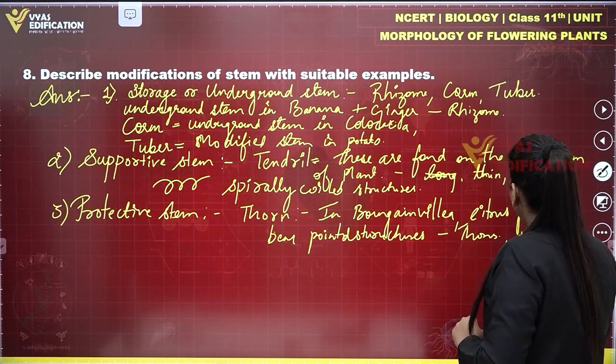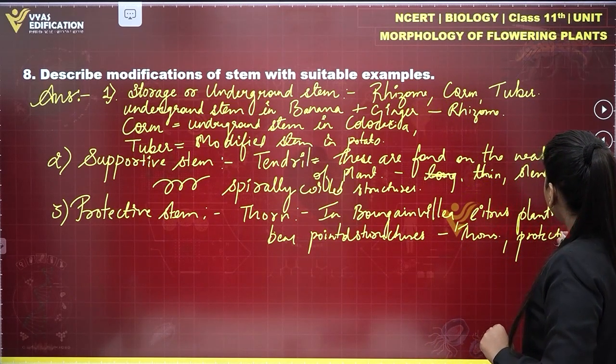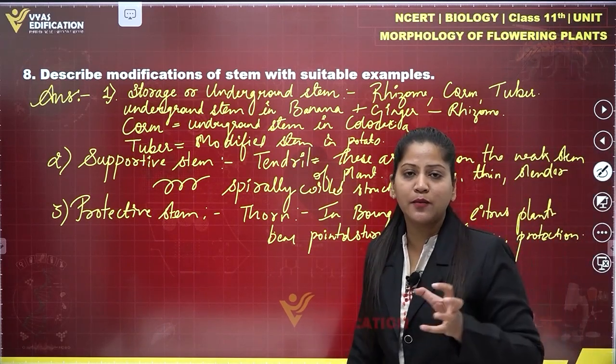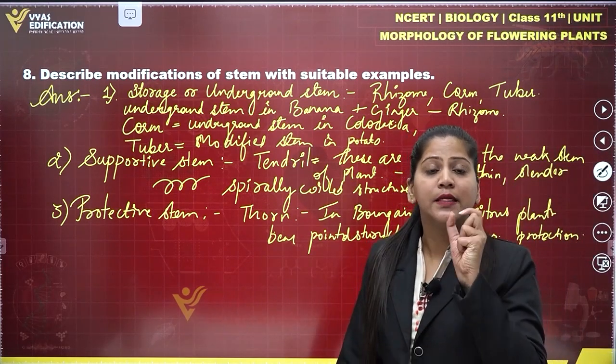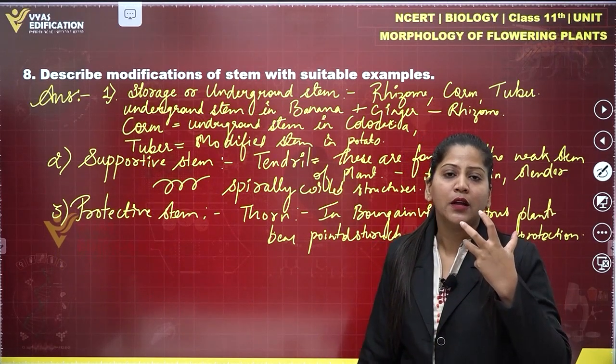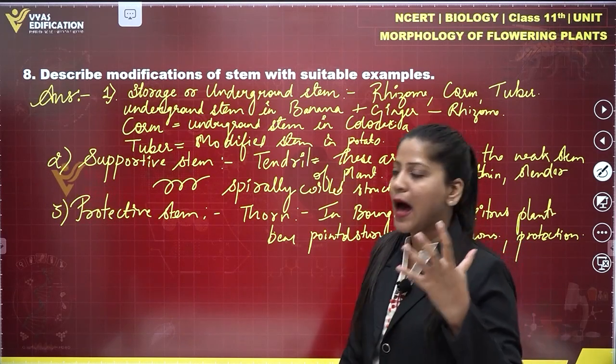What is the function of modified stems such as thorns in some plants? They provide protection to them from herbivore animals.